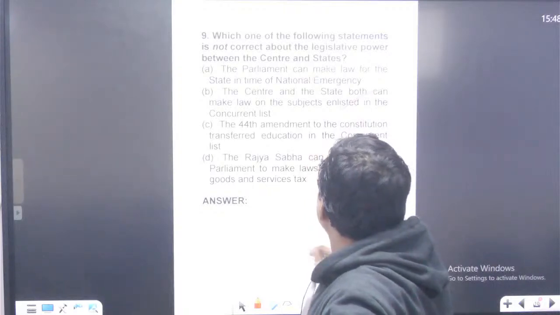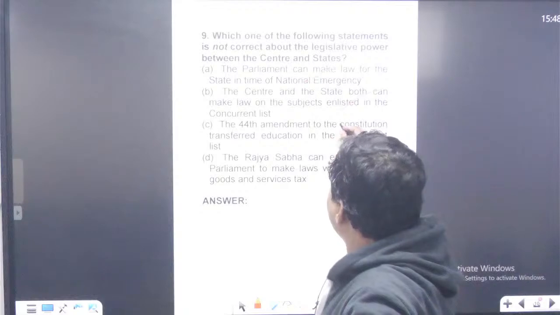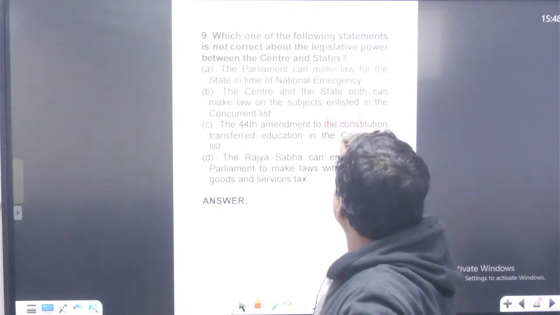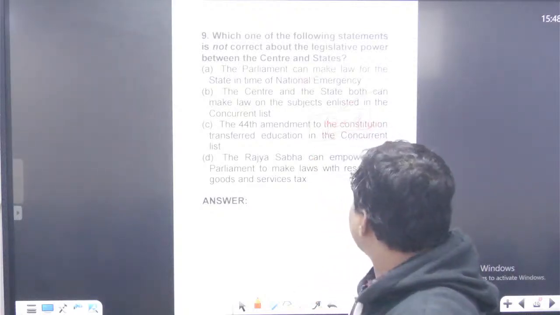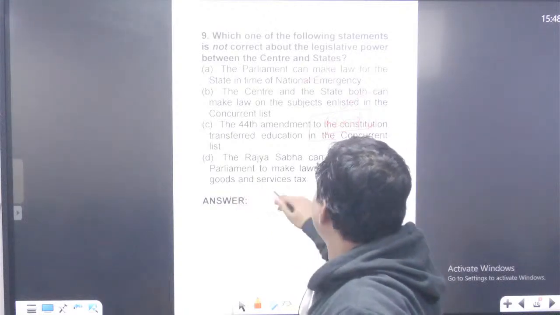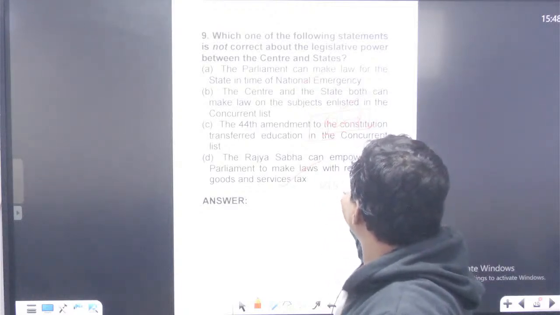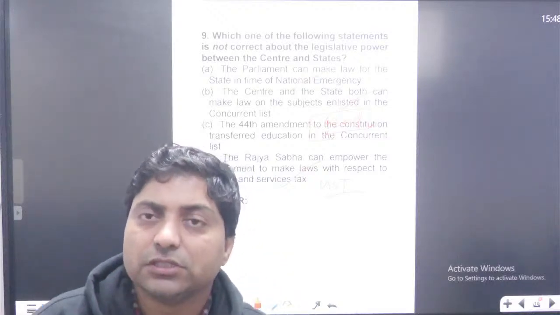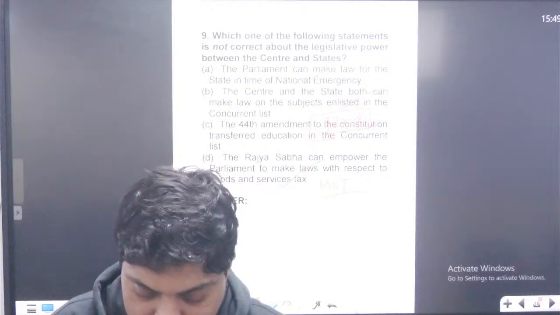The 44th Amendment to the Constitution transferred education to the concurrent list? No, it is the 42nd Amendment that transferred education to the concurrent list. The Rajya Sabha can empower the Parliament to make law with respect to goods and services. If you look at GST, GST was created after the Rajya Sabha passed a resolution.